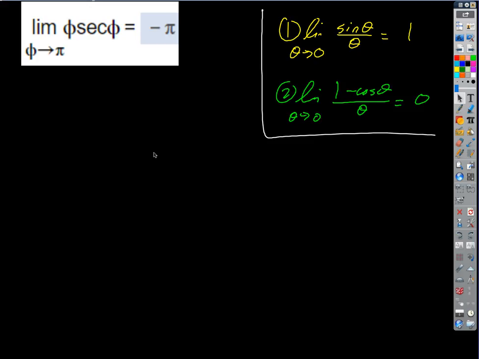A lot of times in math and physics, we'll want to use lowercase Greek letters for our angles. We'll use theta a lot, phi a lot, alpha, things like that. But what's not working there? What's our variable approaching? Pi. Neither one of these approaches pi, right? Now, there may be some fancy way we could do a phase shift on this and make it work that way.